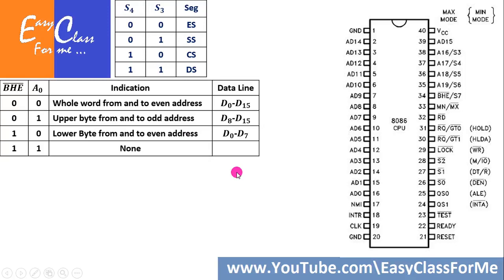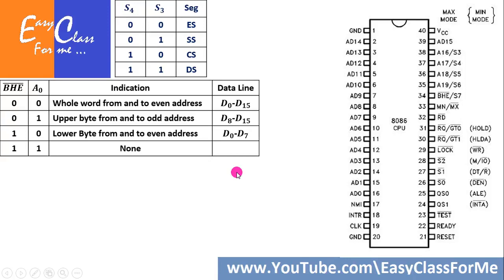So when we have externally interfaced memory and we want to access 16-bit data in one cycle only, for that purpose we have to access it from its even addresses. Memory has addresses from 0 to 2 raised to the power of 20 minus 1, and when we want to access the memory, we will start either from an even address or an odd address, because there are only two possibilities.